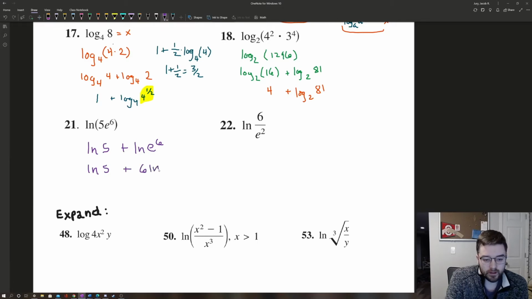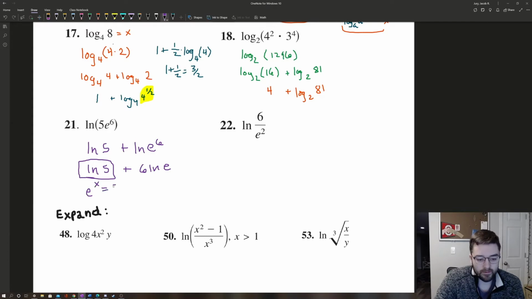So 6 natural log of e is what this becomes. And now that we have this simplified, we know we can't evaluate this because we can't find an exponent that gives us a nice number for that. So we're just going to leave that left side as natural log 5.